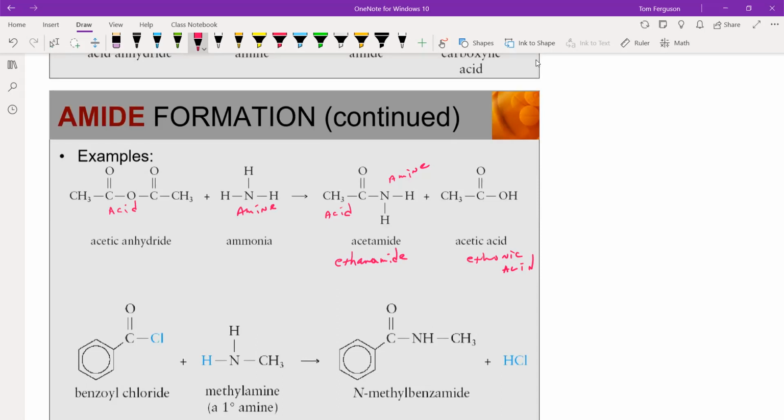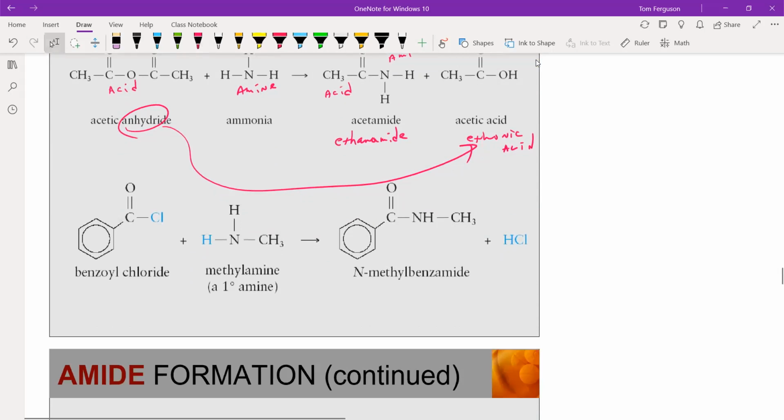So anhydrides always yield an acid when they come apart. So here's the acid anhydride. Here's the amine.